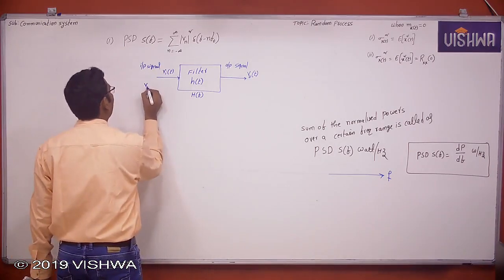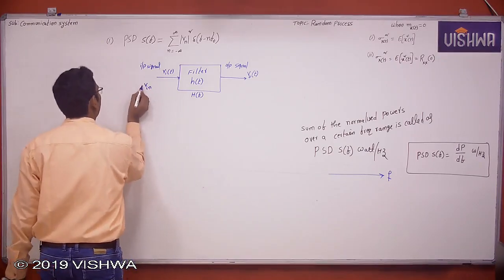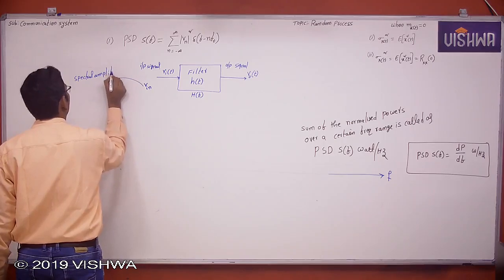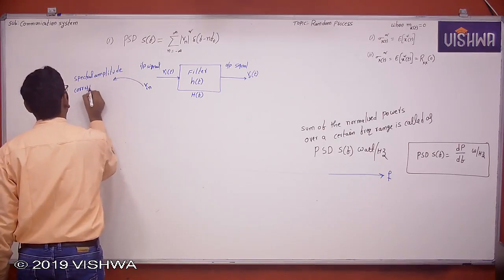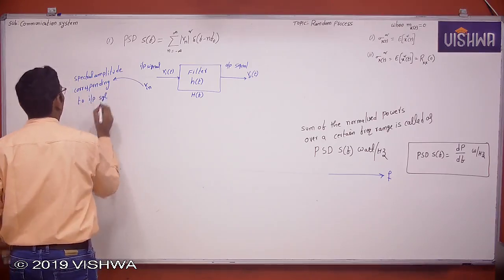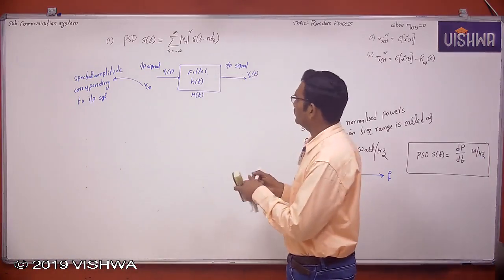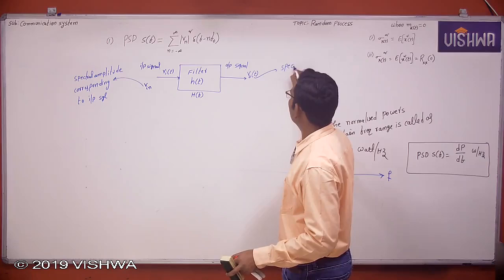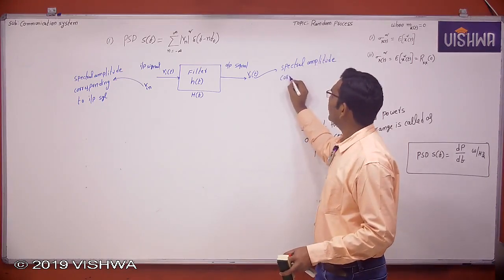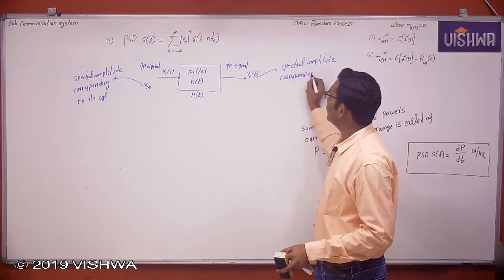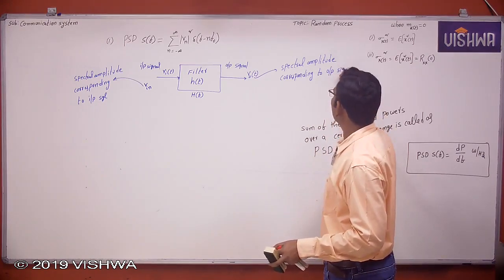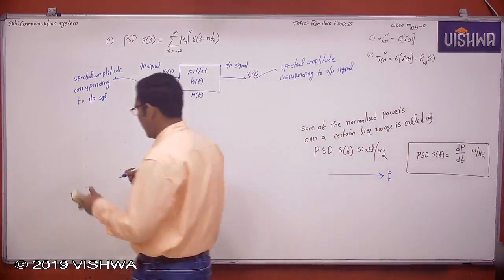Now Vin is the spectral amplitude corresponding to the input signal. Similarly, V0n is the spectral amplitude corresponding to the output signal.